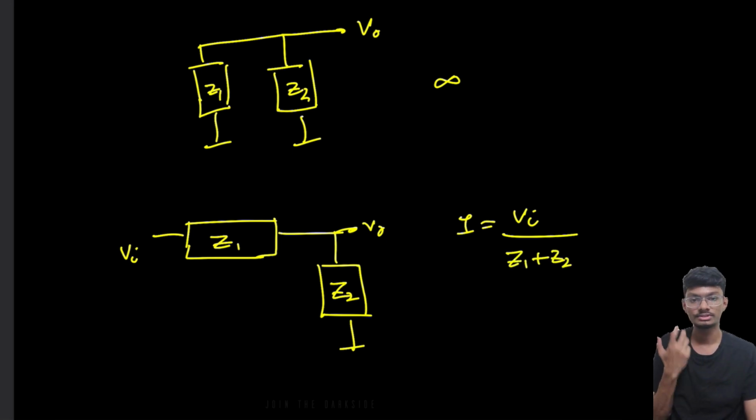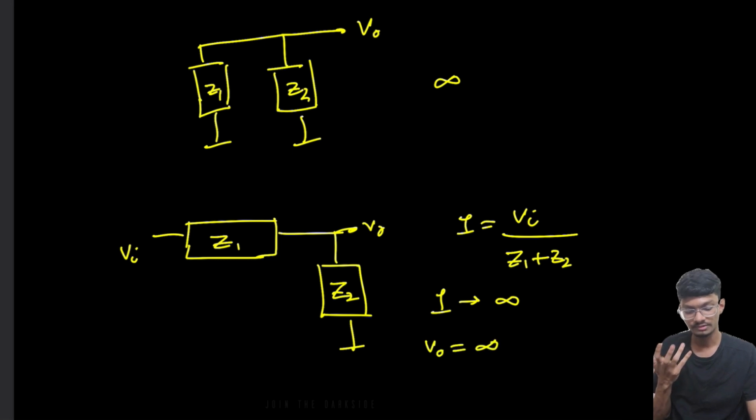Now as z1 plus z2 is 0, so I will be infinite, right? Now this z2 is finite, z2 is not 0. So a finite impedance times an infinite current, the output voltage will be infinite, which is I times z2. As z2 is finite, we are getting infinite voltage. So this is how the pole tells us that the output voltage is infinite.